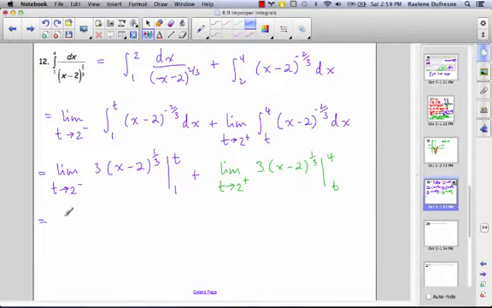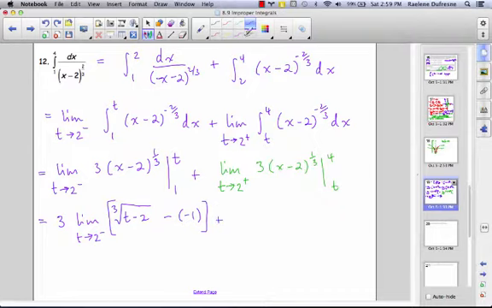So we're going to get 3 times the limit as t approaches 2 from the left of t minus 2 to the 1/3, which is the cube root of t minus 2, minus 1 minus 2 is negative 1, and the cube root of negative 1 is negative 1. So minus a negative 1, which would become plus 1.